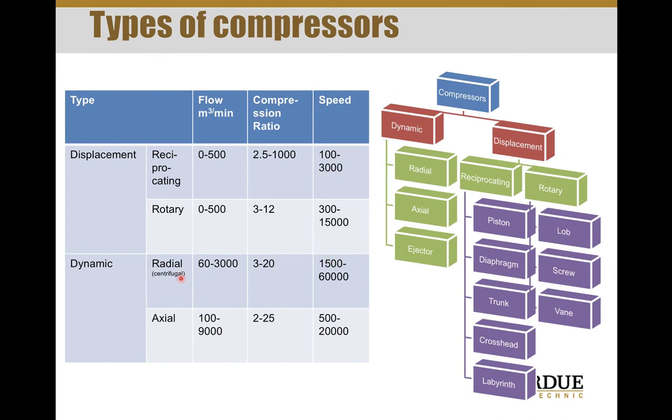The dynamics, on the other hand, are really good at moving large amounts of fluid or flow, but they compress the air less than the reciprocating ones, and they turn really, really fast. This is just a table that is in your book, on page 374, a table that separates the different types of compressor. That's all I have for you today.